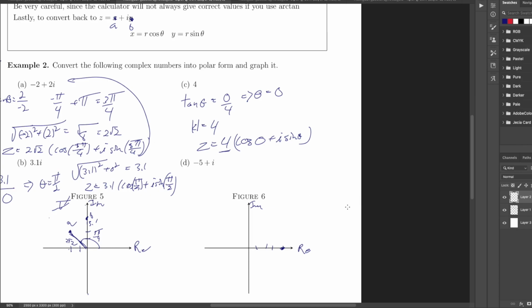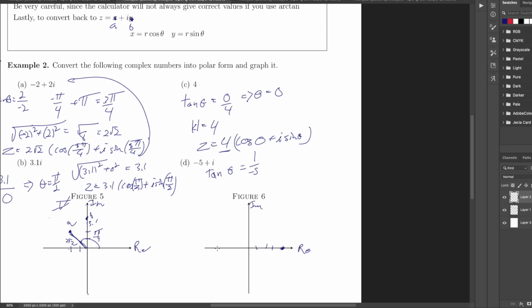Alright, for the 5, square root 4. So what do we do here? We'll start with our angle, as we've been doing. So tangent of theta. Notice that my real part's negative, so it'll be minus 5 over 1. So here my b is 1, my a is negative 5. My a is negative, and my y is positive.